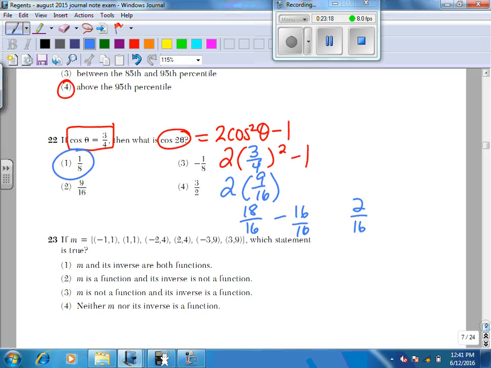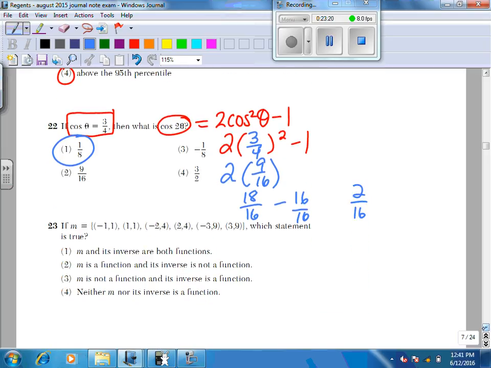Number 23. Which statement is true? We talk about the function and its inverse. Well, if this is the function m, its inverse means we would have to flip all the points. 1, -1, 1, 1, 4, -2, 4, 2, because inverse means switch x and y, 9, -3, and 9, 3.